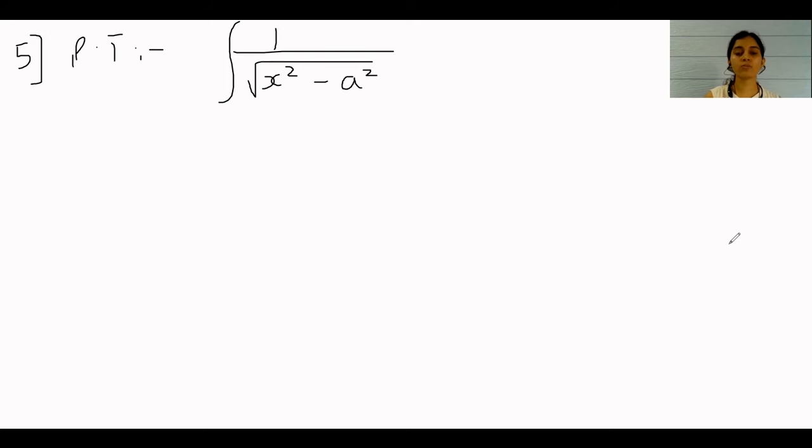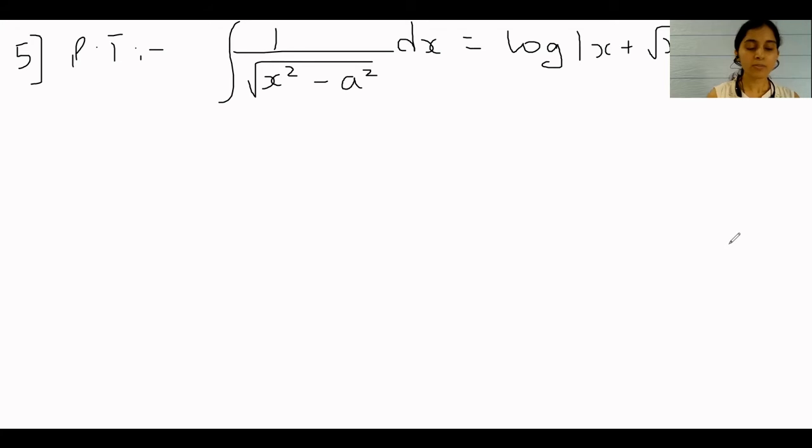When I require x square minus a square, I will use the value of x as a sec theta or a cosec theta. Okay, let us begin. So what is the proof? It is equal to log of x plus root of x square minus a square, plus c.